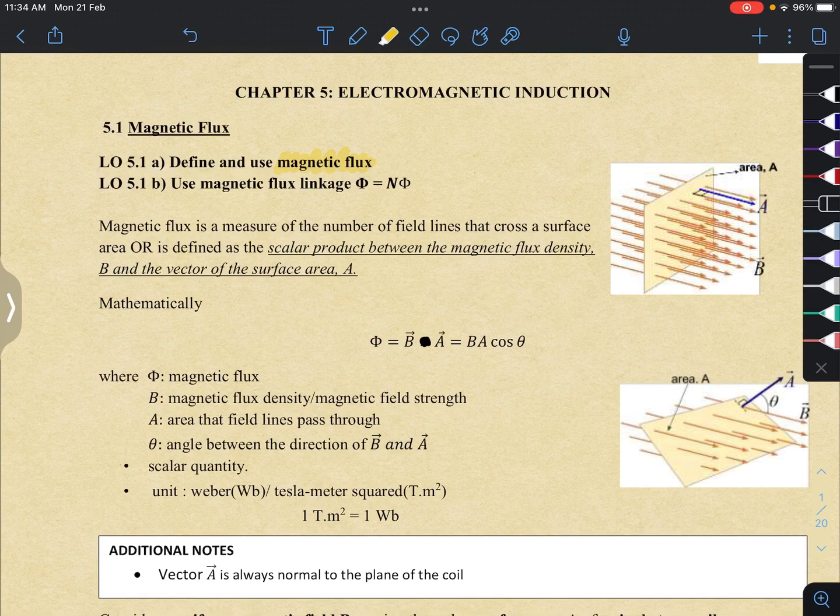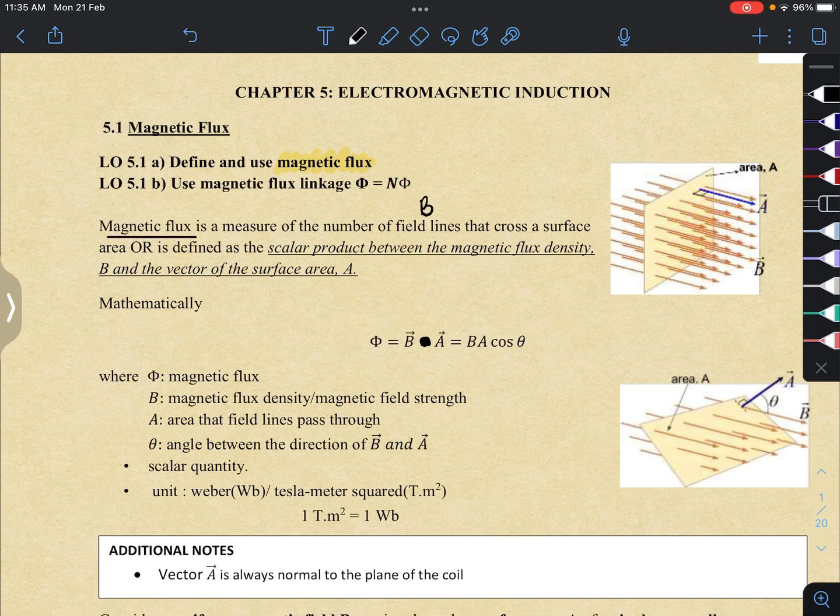Okay, so magnetic flux is a measure of the number of field lines that cross a cross-sectional area. So field line here refers to the magnetic field lines, and how many field lines are going to cross over a certain surface area is what we call the magnetic flux.